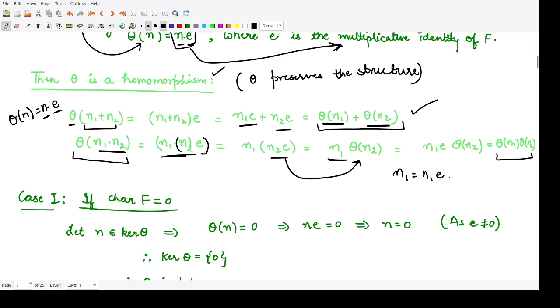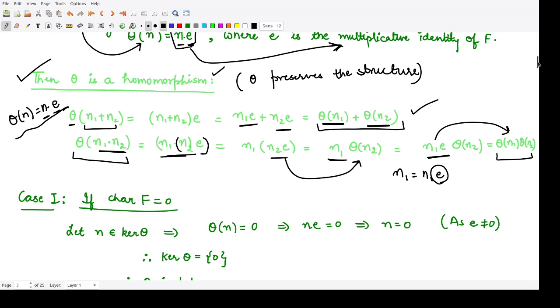There is no problem, because e is the multiplicative identity. By definition, n1 into e would be theta of n1. So it would be equal to theta of n1 times theta of n2. So we have proved that this mapping theta is a homomorphism.